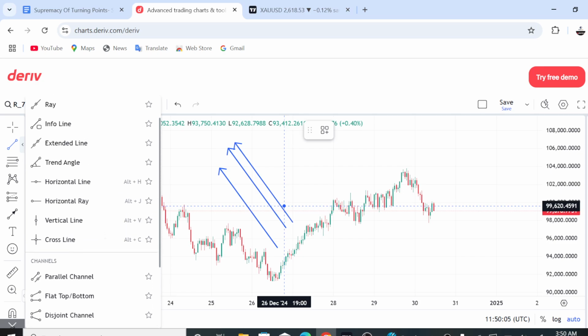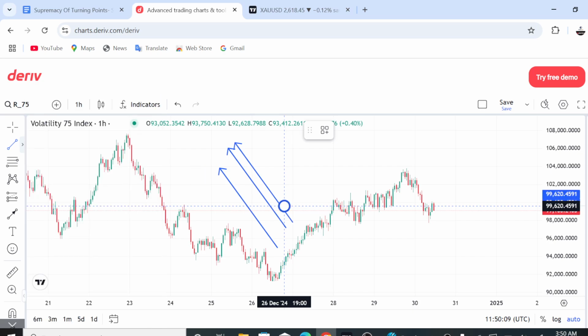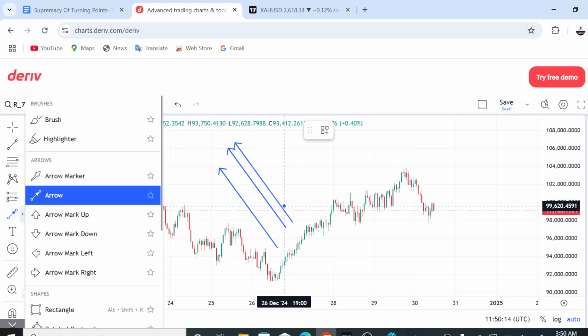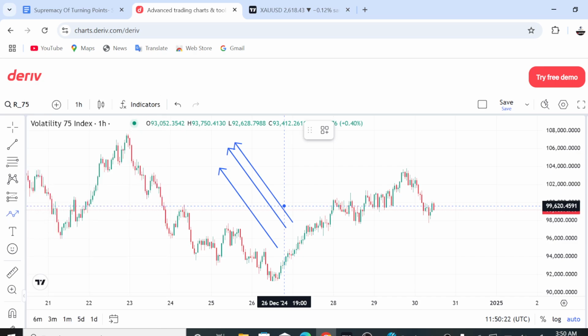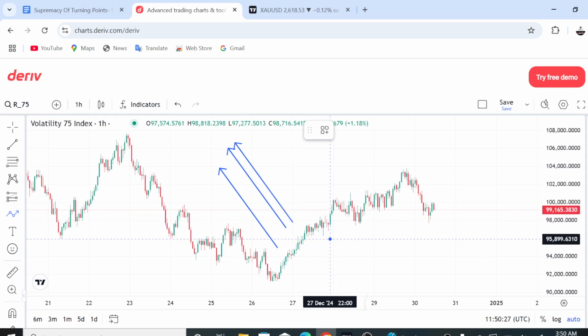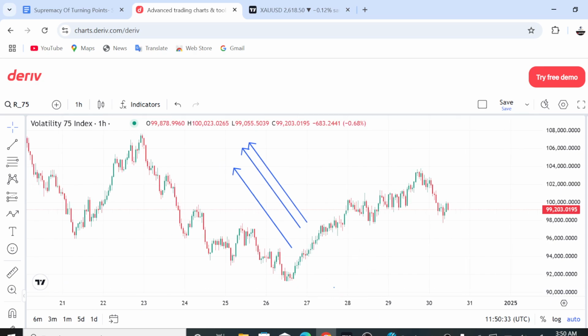Let's get other tools necessary to make this explanatory.